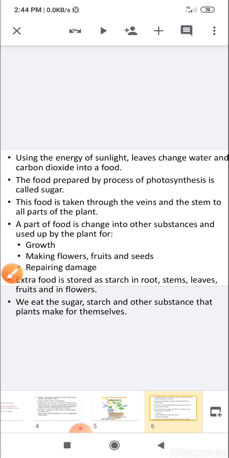We eat the sugar, starch and other substances of a plant, which makes food for itself and stores extra food in the root, stems, and leaves.